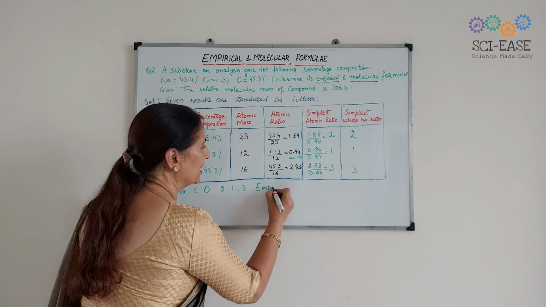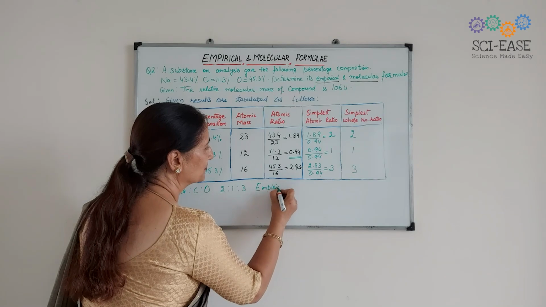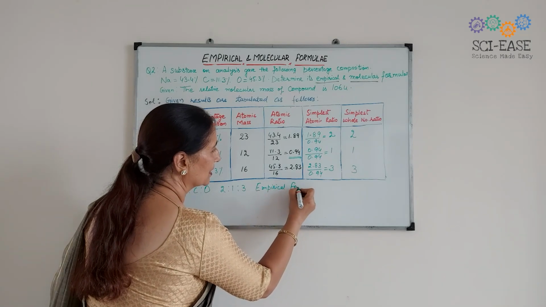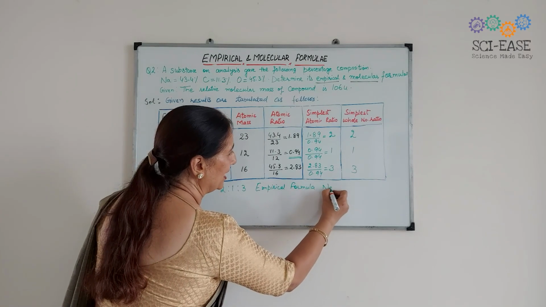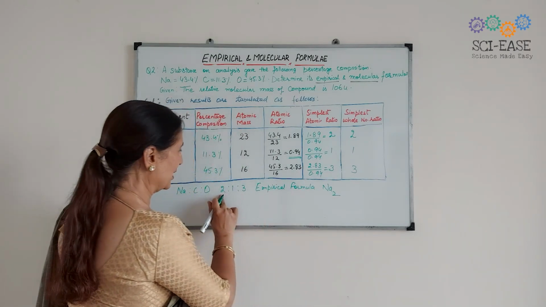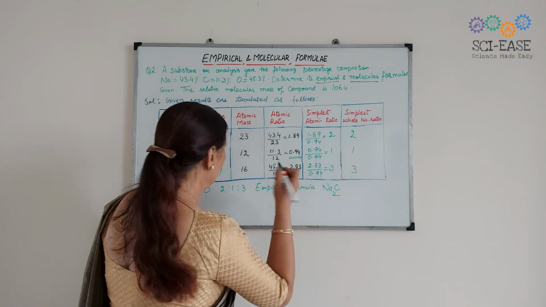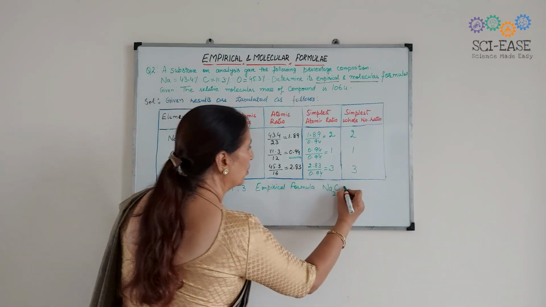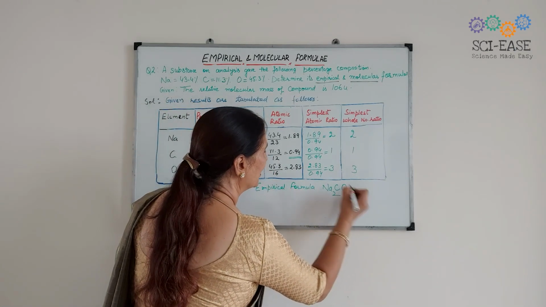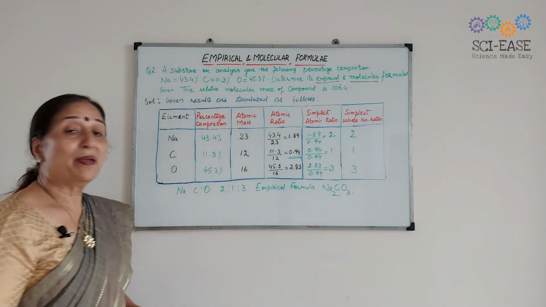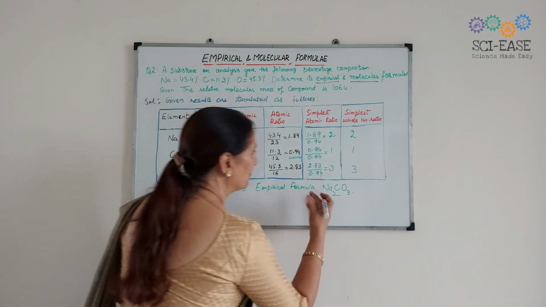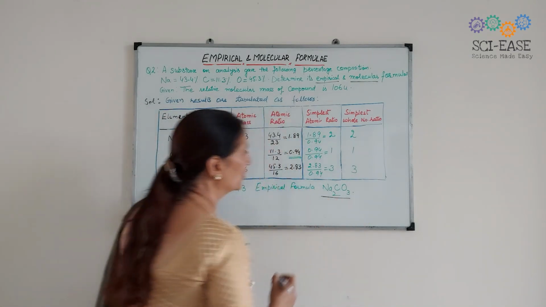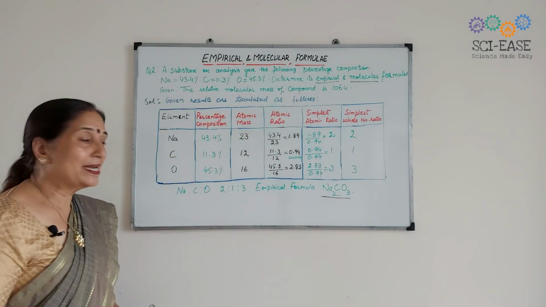So, empirical formula, that is Na2, okay, C1, no need to write 1, O3. So this is the empirical formula of this compound, sodium carbonate. Now what is the next step?